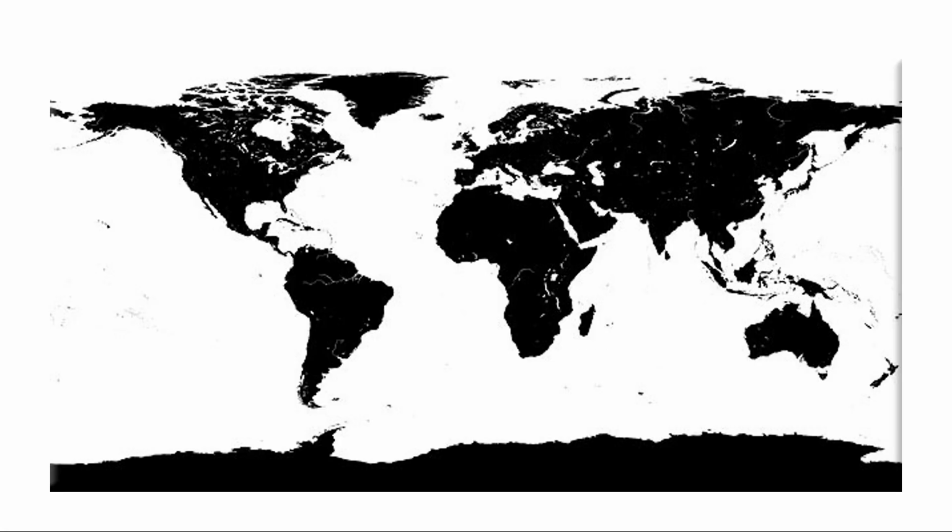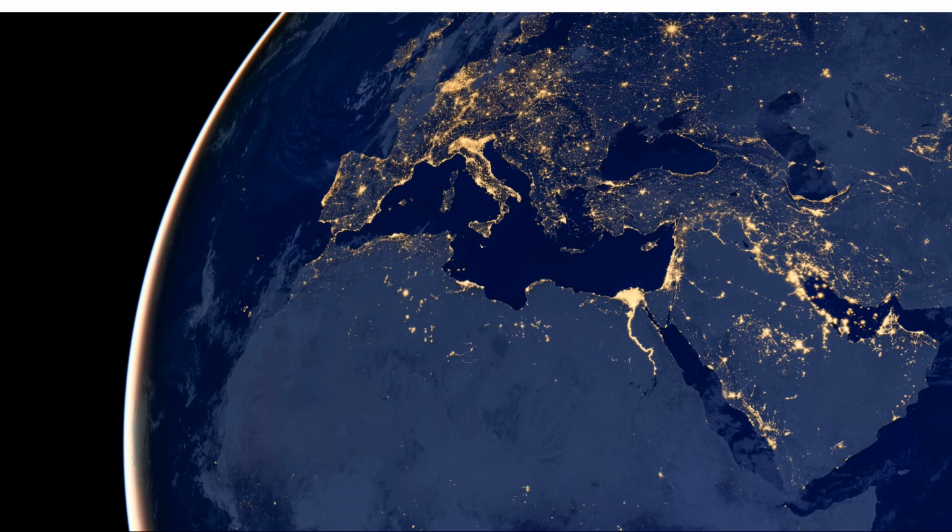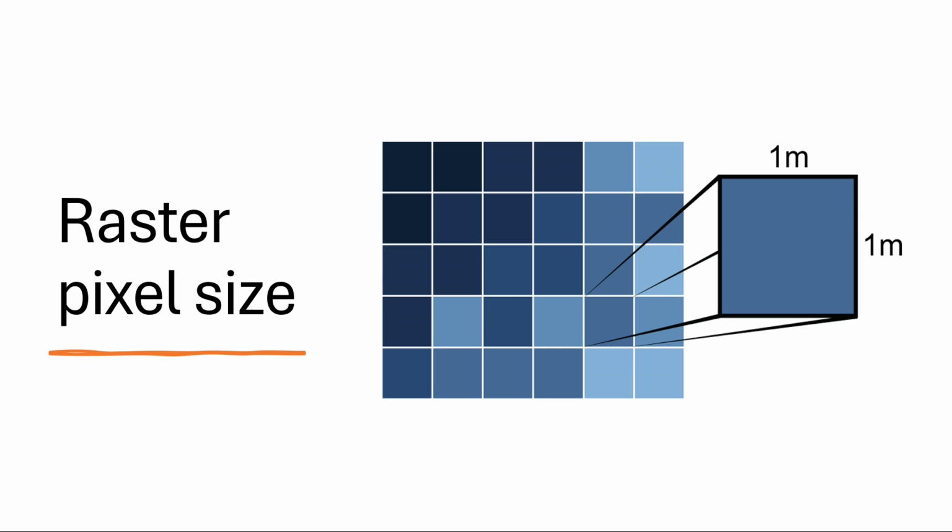And this is a picture for binary or discrete rasters, where white is water and black is land. For a continuous raster, we would see something like that, darker areas and a gradient of light along the area of Earth.